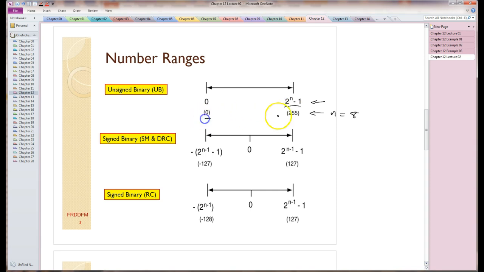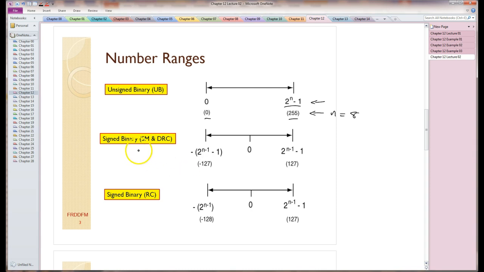So this range for unsigned binary goes from 0 to 255. So 0 to 255 is truly 256 numbers, which is 2 to the 8th. Okay, that's a very important fact. It's kind of zero based, and it makes you think there's only 255 because 255 is the greatest number, but there's actually 256 because we include 0 in there.